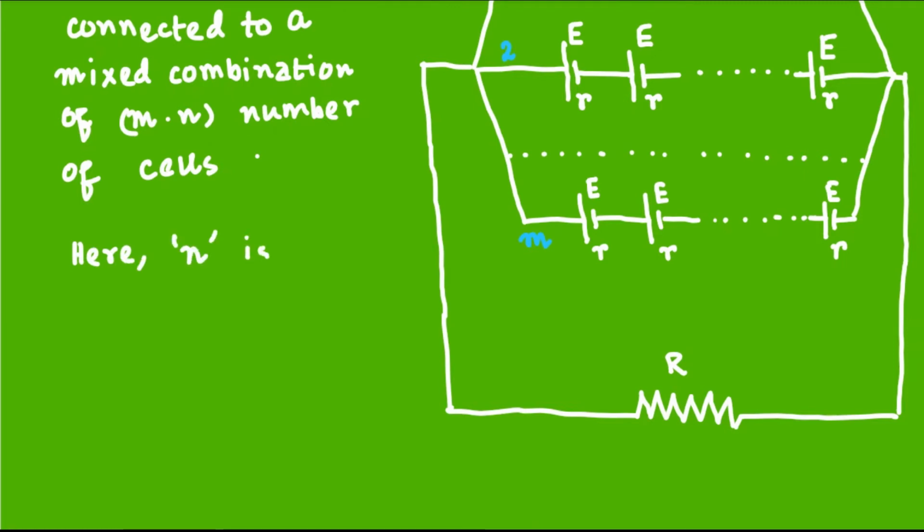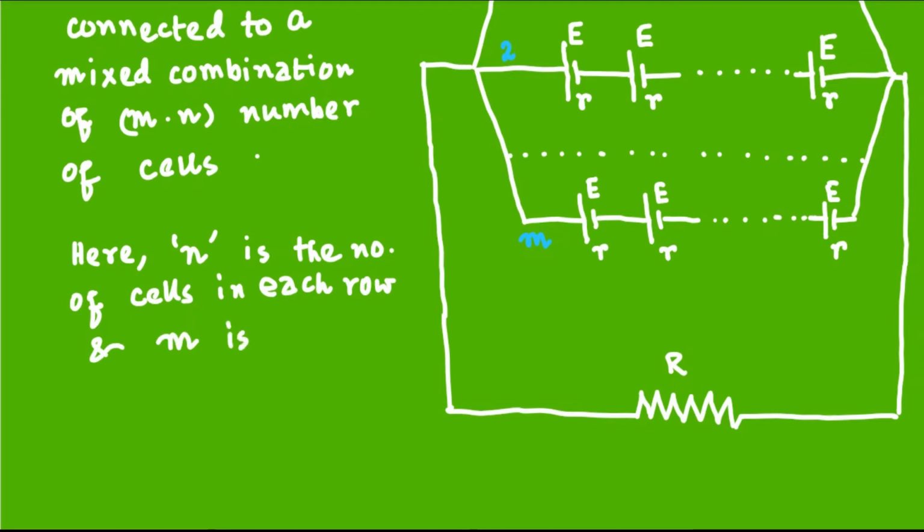Here n is the number of cells in each row, and m is the number of rows in this mixed combination of cells.